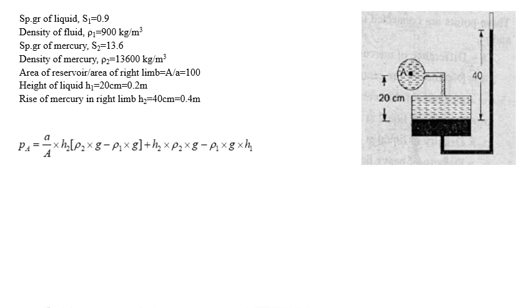So now write the expression according to the vertical single column manometer. The expression is like that: the pressure at point A is equals to the ratio of area of the small tube to the area of the reservoir, small a by capital A, multiplied with H2 into rho 2 into G minus rho 1 into G, then plus H2 rho 2 G minus rho 1 G H1.